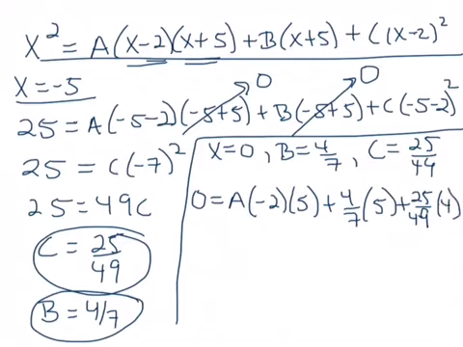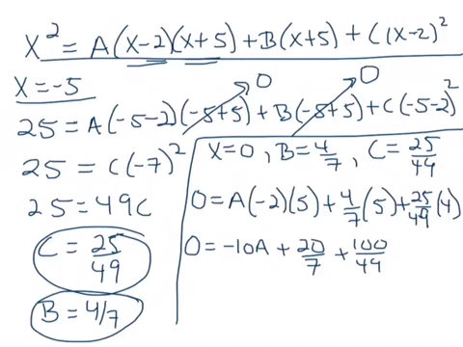All right, this is 0 equals negative 10A plus 20 over 7 plus 100 over 49.